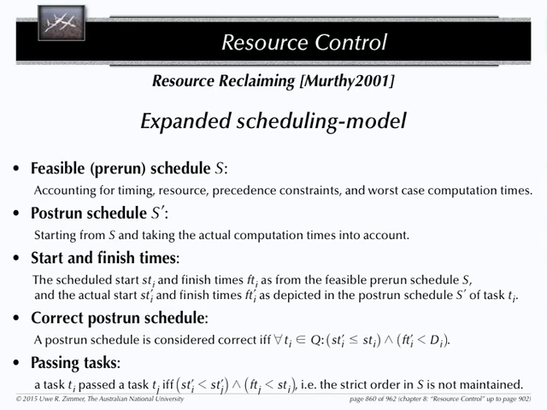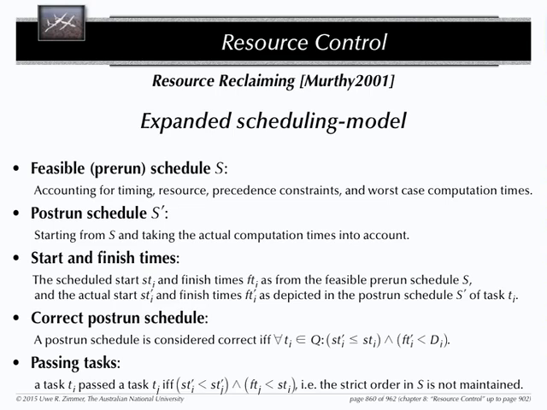And we have then the actual start and the actual finishing times, a bit hard to read, with a prime attached to that. This is what happens at runtime. A correct post-run schedule means that for all of our tasks, the actual starting times are equal or earlier than the pre-run starting times.